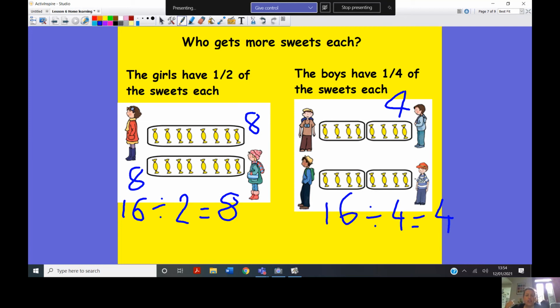You can always use your times tables to check those answers. 2 times 8 equals 16. Remember, that's our inverse. 4 times 4 is equal to 16. So the girls have more sweets because they have 8 each compared to the boys only having 4 each.